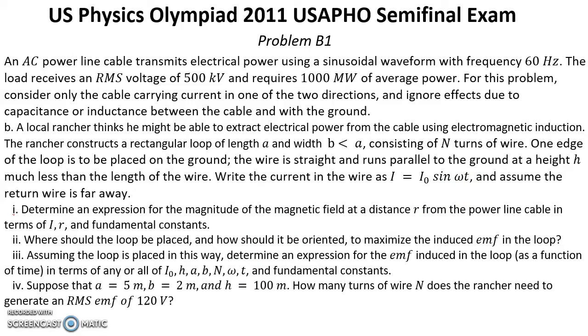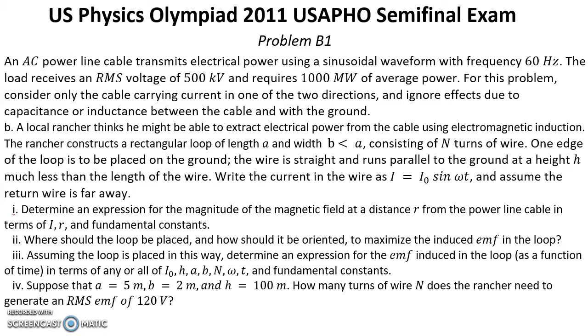First, determine an expression for the magnitude of the magnetic field at a distance r from the power line cable in terms of I and r and the fundamental constants. 2. Where should the loop be placed and how should it be oriented to maximize the induced EMF in the loop? 3.